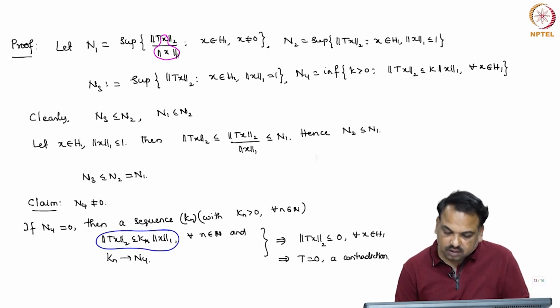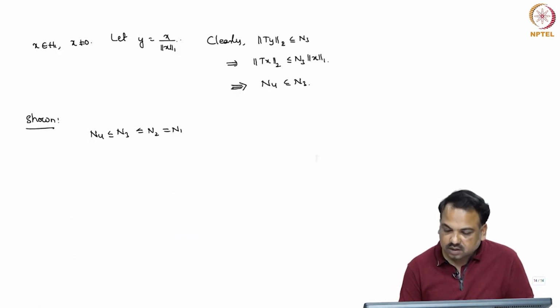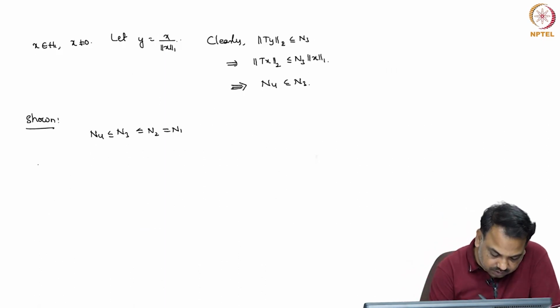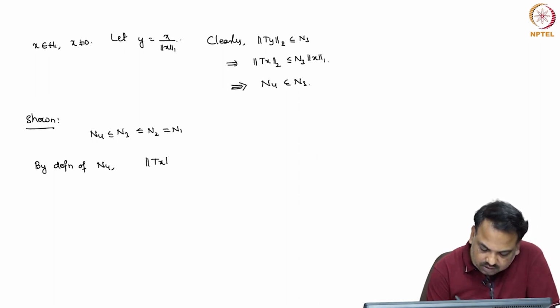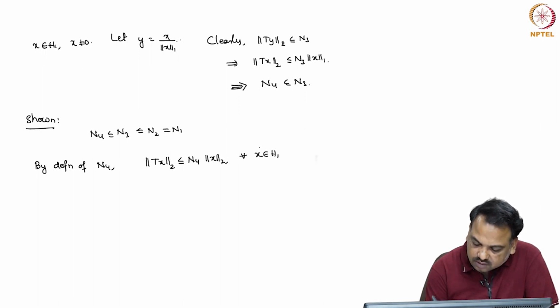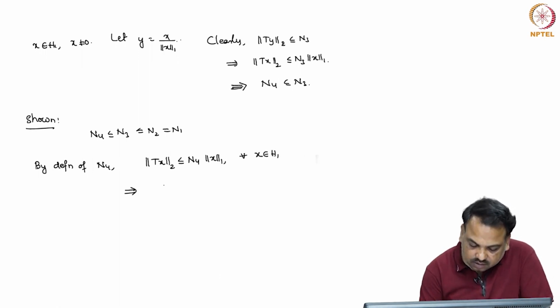We want to show that n1 is less than or equal to n4. Now, n4 is non-zero. So, by definition of n4, norm Tx is less than or equal to n4 into norm x for every x in H1. In particular, when x is non-zero, this is also true.